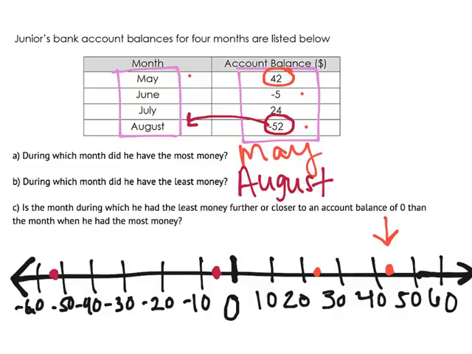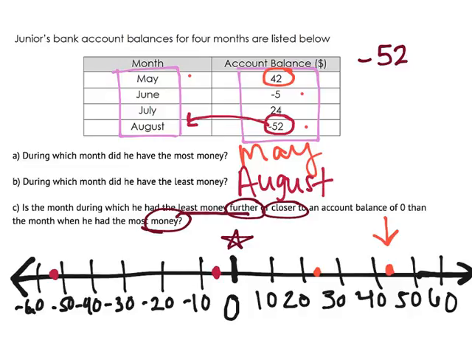And then part C is the month during which he had the least amount of money. So that is August. Negative 52. Further or closer to an account balance of 0, so the starting point of our number line, than the month when he had the most money.